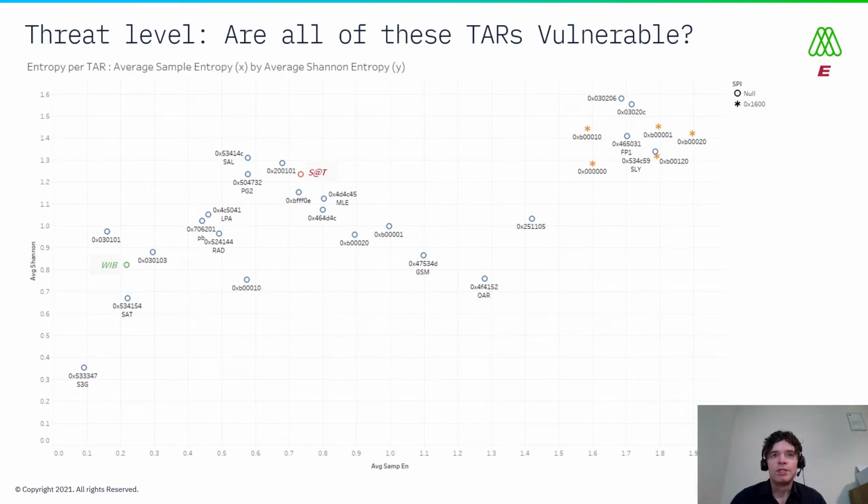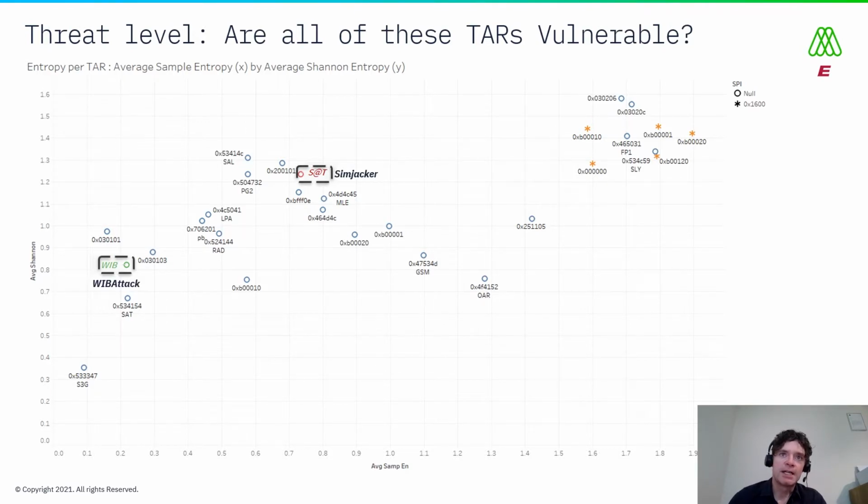The theory is that if a packet addressed to one of these TAR applications has low entropy, and we used sample and Shannon entropy on these two axes, then we could say its structure was not random but regular, and so an attacker, if they knew how to encode the message, could reasonably recreate it.